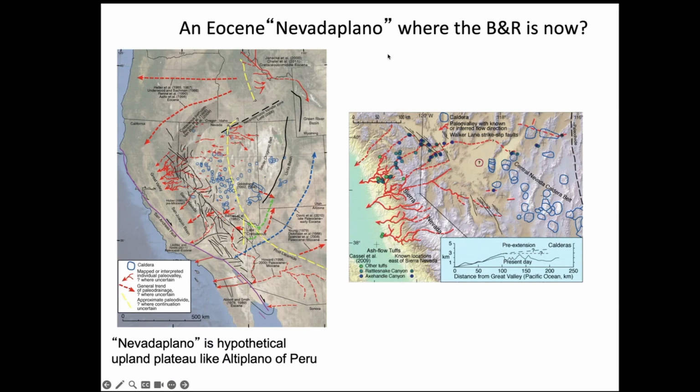Yes, Clint. Would this have any connection with the Carlin type deposits? Carlin. Yes. Carlin type gold deposits are a big thing in Nevada.